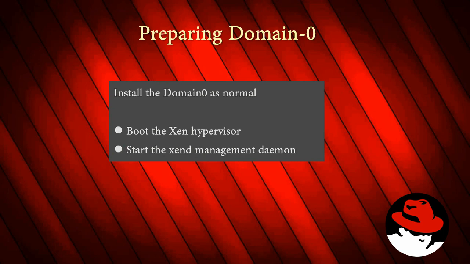It has the special privileges to manage the hardware devices. It is also the only domain from which an administrator may send commands to the hypervisor. Installing a Xen environment is as easy as installing RHEL, not a problem. You can install it with domain zero. It must include utilities needed to create, manage, and destroy domains.